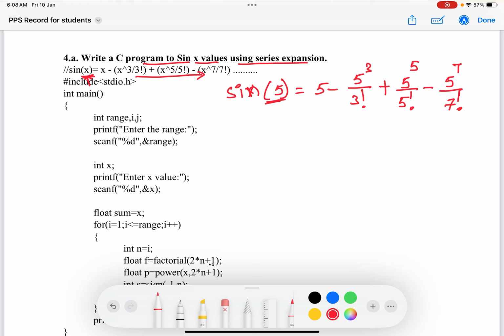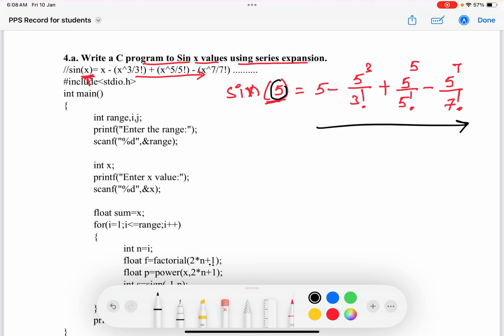Now look at this. Here we are going to simplify this expression. Before we simplify, please understand there should be two inputs to calculate the sin x series value. One is the x value, which you should know. The other is, from this expansion, till what range you want to calculate.